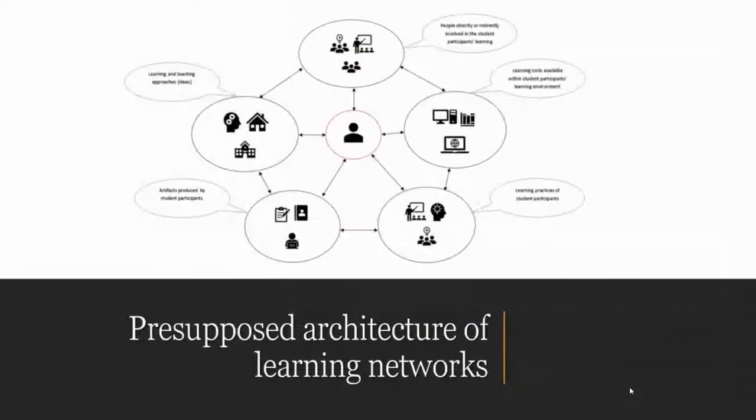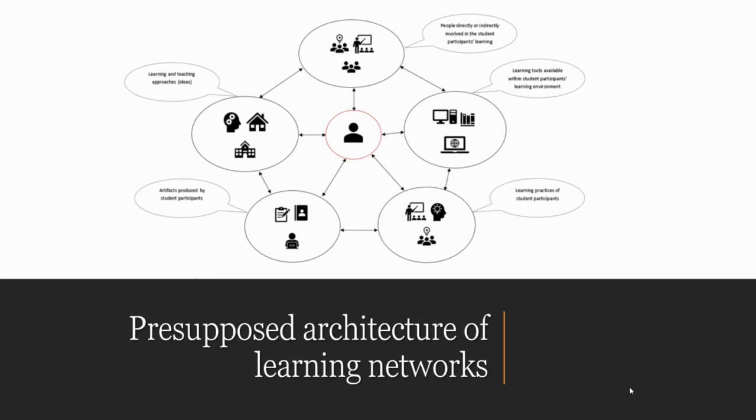So when I'm talking about learning networks, this is my presupposed architecture of learning networks. And you can ask me the question, why am I talking about presupposed? Initially, it wasn't presupposed, but the excellent feedback from reviewers was that, to some extent, when looking at the learning networks, I assumed many elements in them when I designed my survey, which you will see in a moment.